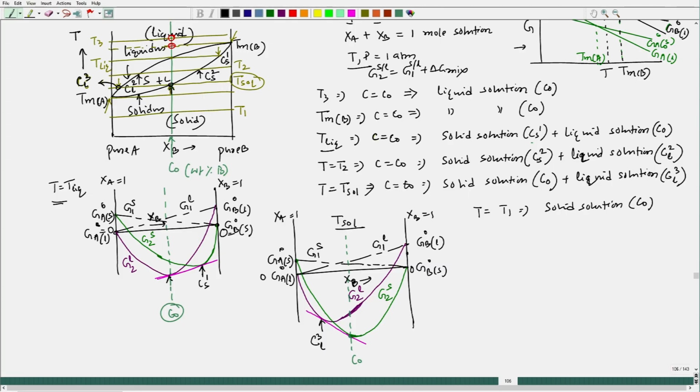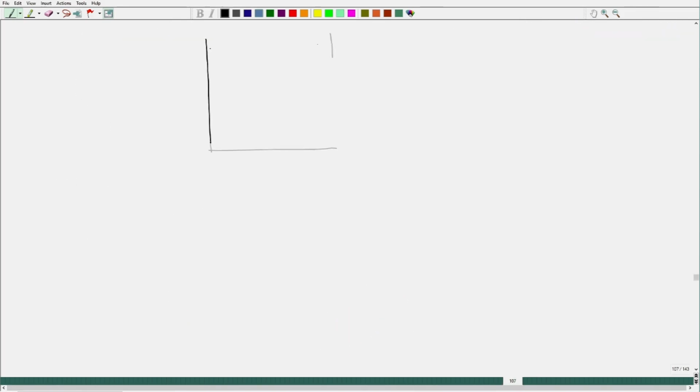Okay. So, now if I try to look at, let us say I look at T2, I do it at T2, C B, and this is in weight percent. Okay. This is pure A and this is pure B, let us say, and this is temperature.